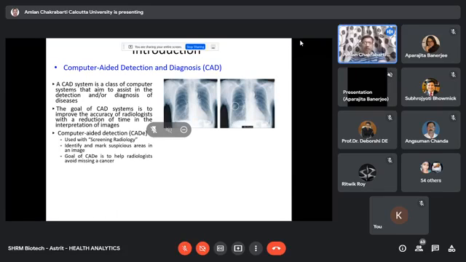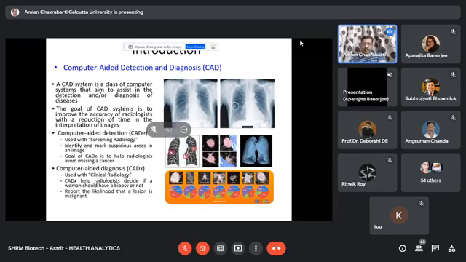Now, the interesting part where AI and ML come into great play is computer-aided detection and diagnostics. Computer-aided detection means: can we have automated tools which can figure out or localize the deformities from the different modalities of medical images depending on the different types of organs, like the chest X-ray of lungs?